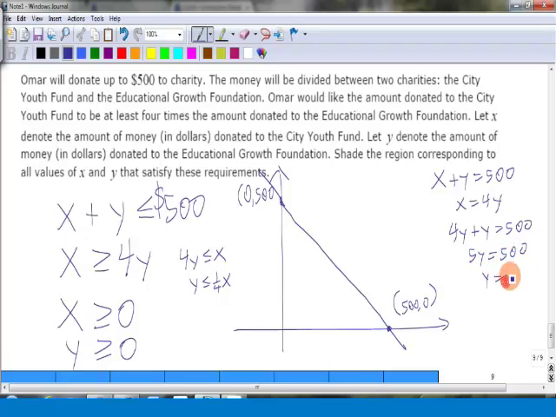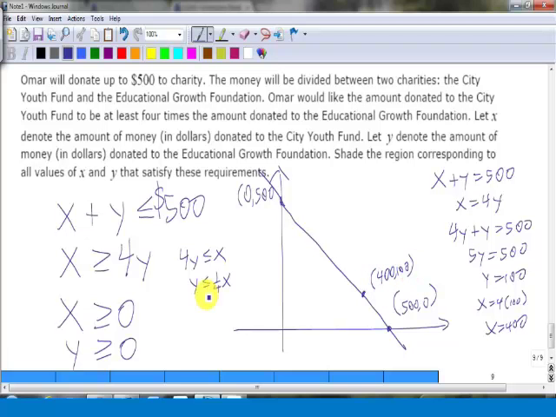That's nice. Y equals 100. And x equals 4 times 100. So x equals 400. So the point 400, 100, about right there somewhere. 400, 100 is a key point.